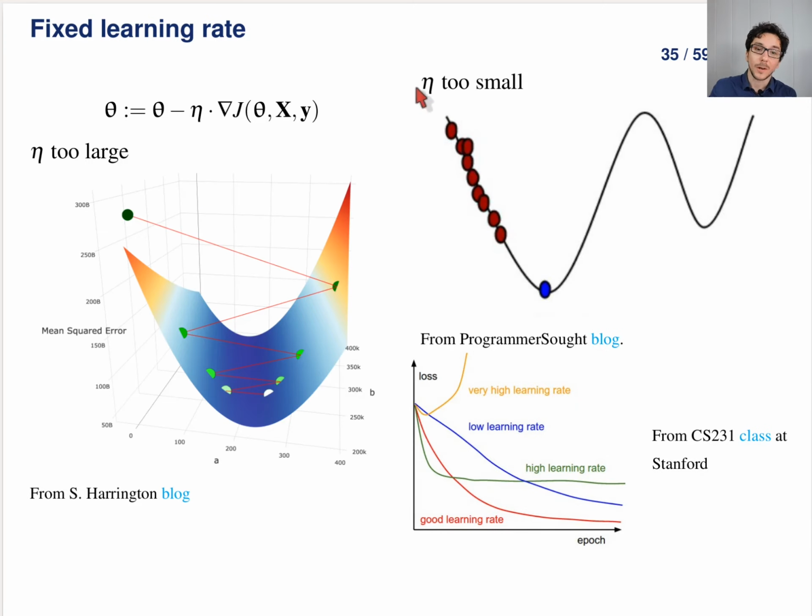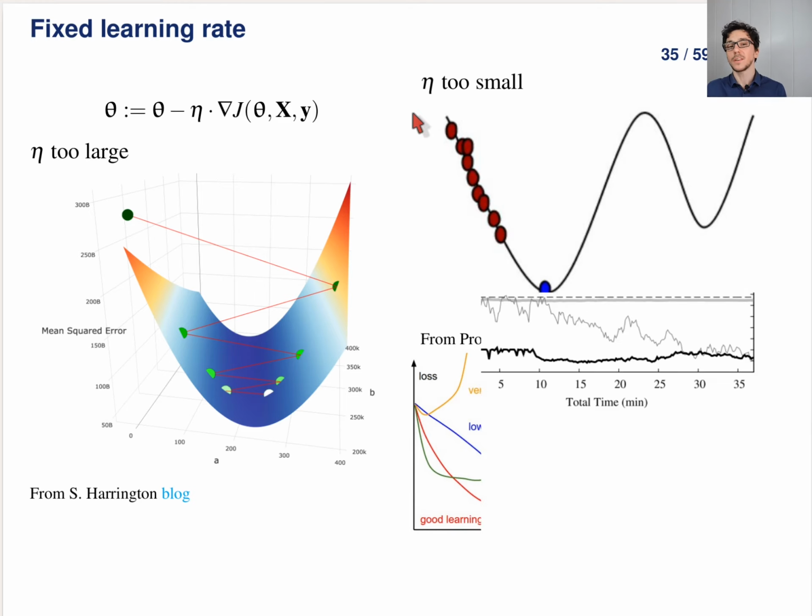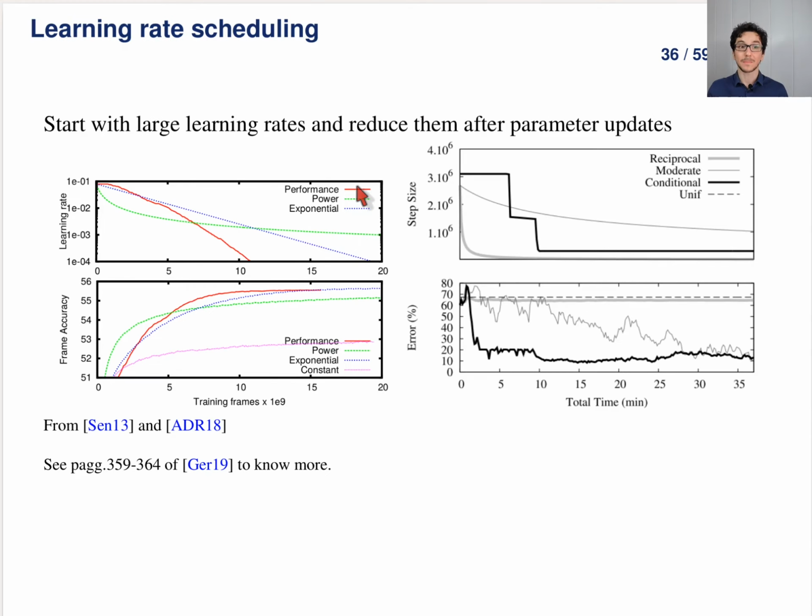But how can you choose the right learning rate? Well, the best thing to do is not to keep this learning rate fixed, but to do some scheduling, so to change it as epochs go on. You start with high learning rates and then you make them smaller and smaller as you go on with the epochs.